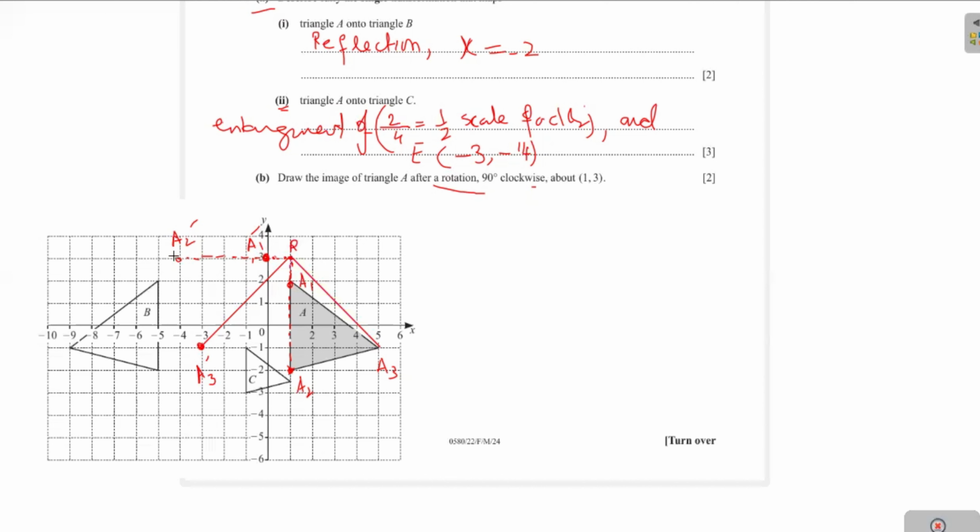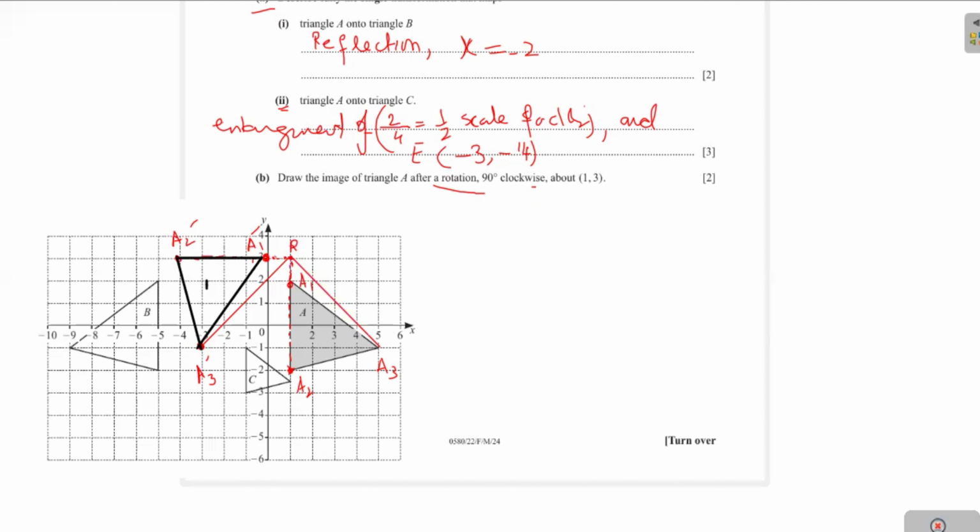You see here, these points A1, A2 dash, A3 dash. To get the rotation figure, we will join all these points. Now we join all these points. You see here, this is A1 to A2 dash, and this is A1 to A3 dash, and this is A2 dash to A3 dash.